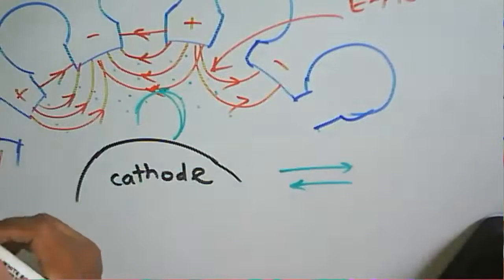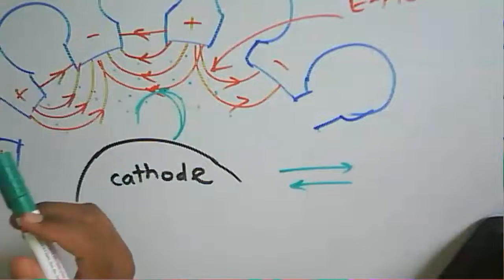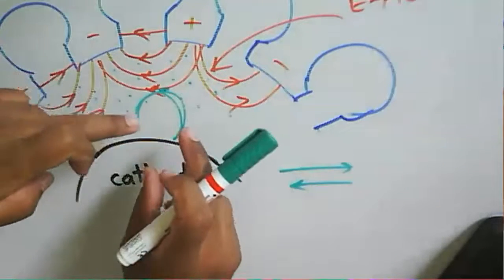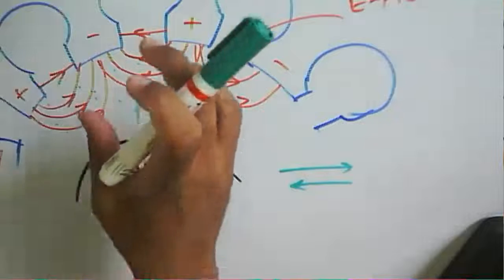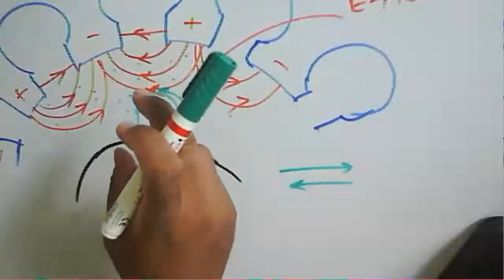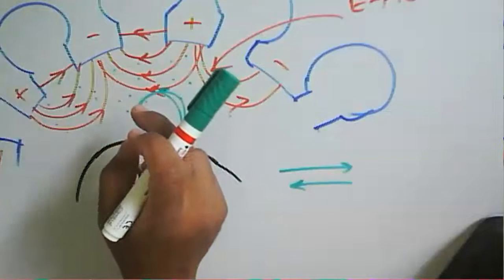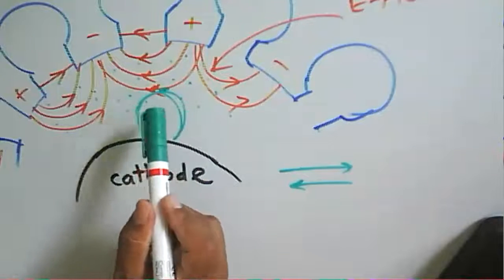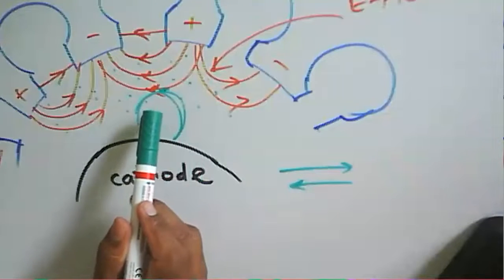Now we have considered only a single electron, but here bunches of electrons are formed because of the field.